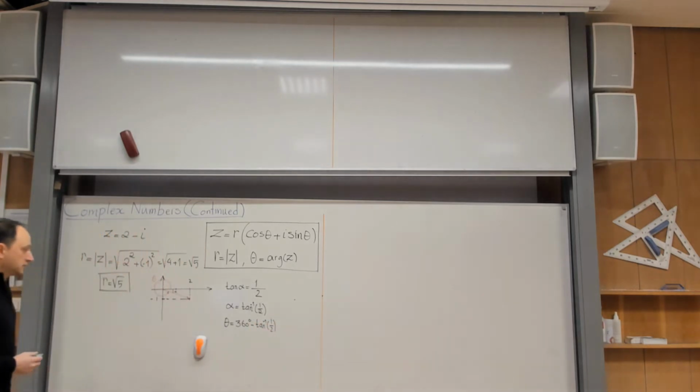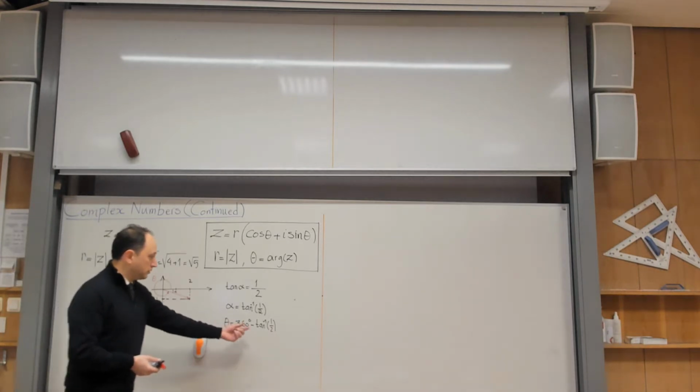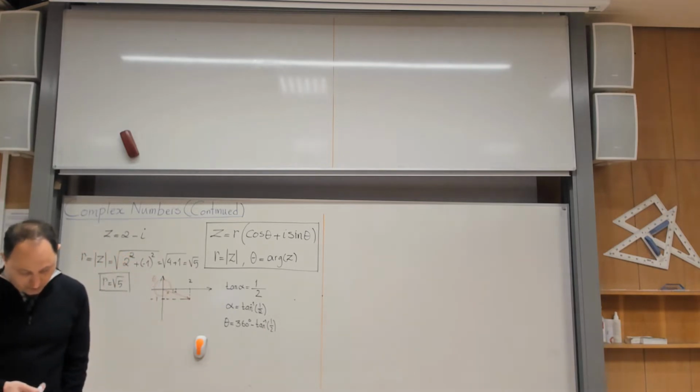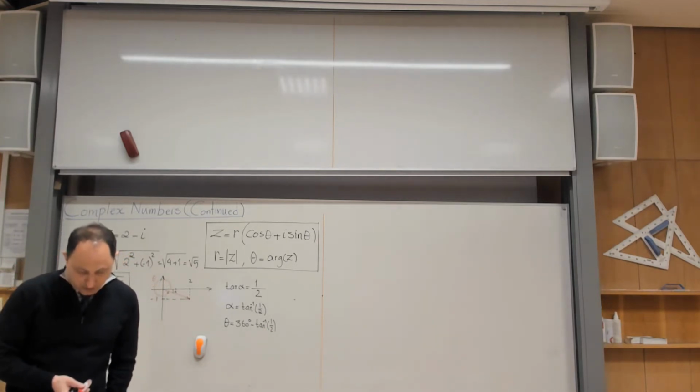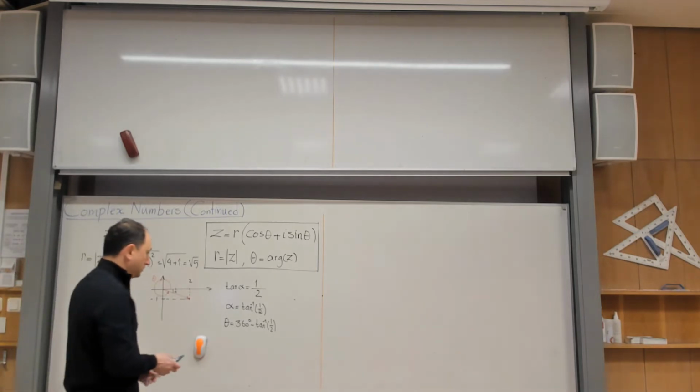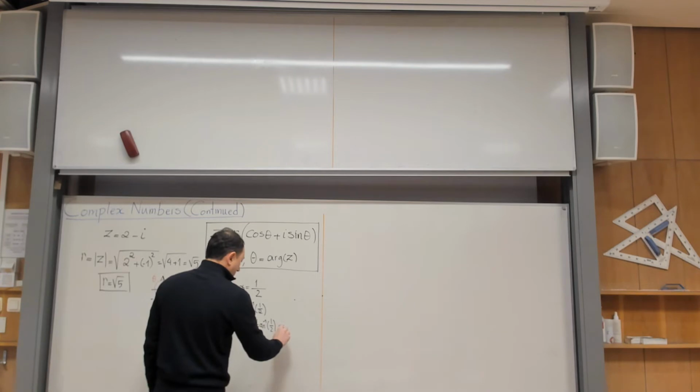Yes? If I ask you to keep it exact, that is the exact argument, but of course working with this one is probably a little bit hard. This is why you can put this number in the calculator, and I checked it in the book. They found this angle to be 333 degrees, so this is approximately 333 degrees.